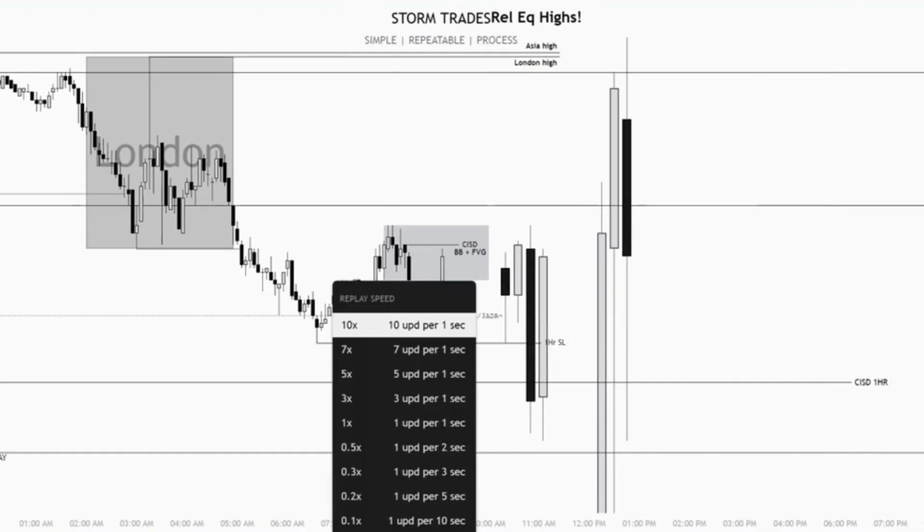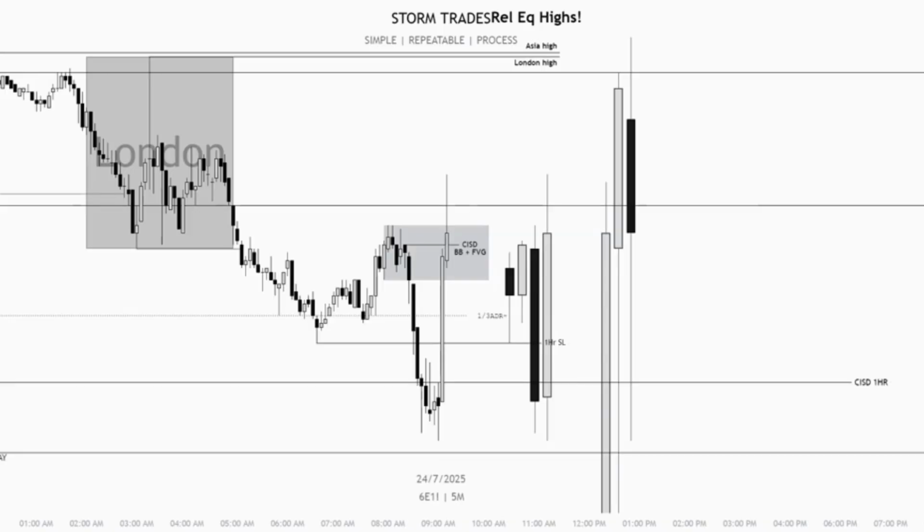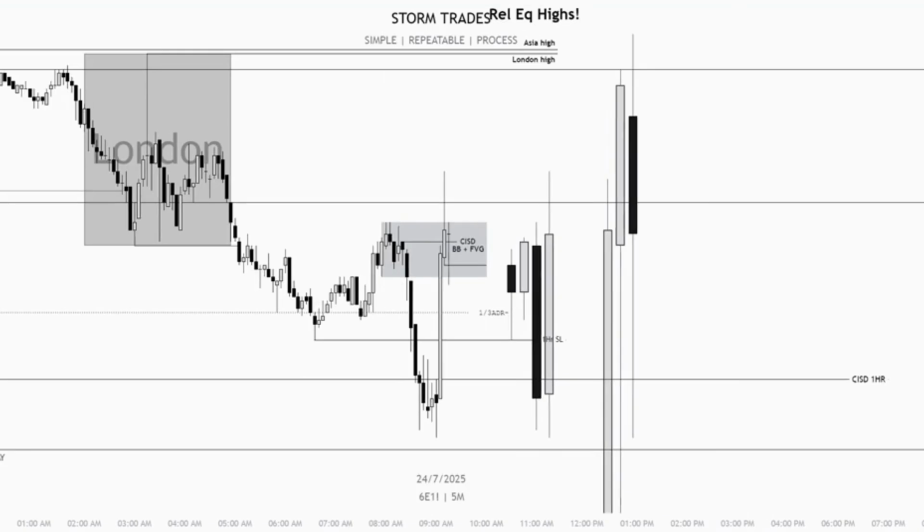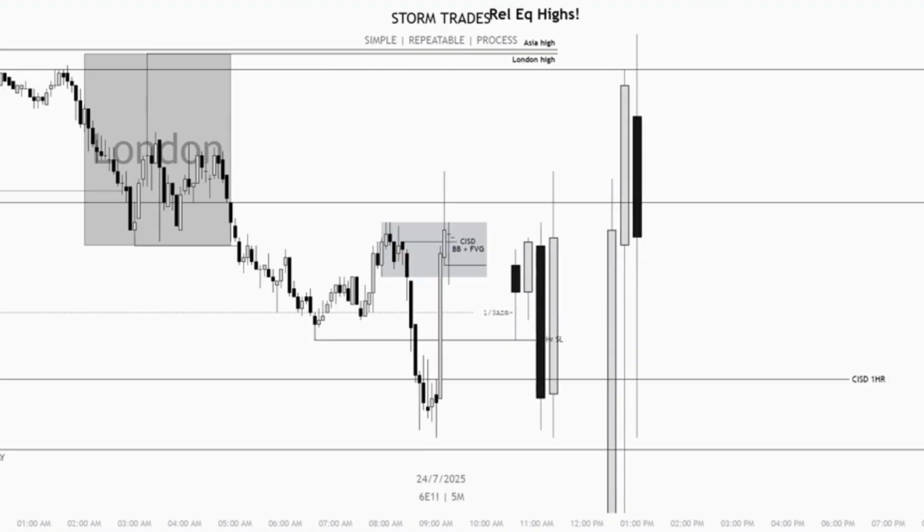All right, on the next candle, we have now confirmed a fair value gap right there. Okay, that overlaps with the breaker. We have not closed through the breaker yet. On this very next candle, we do.